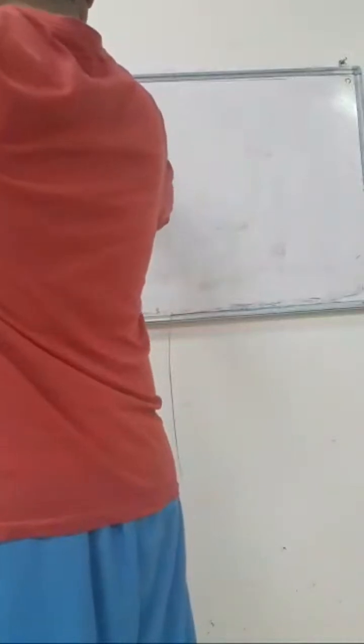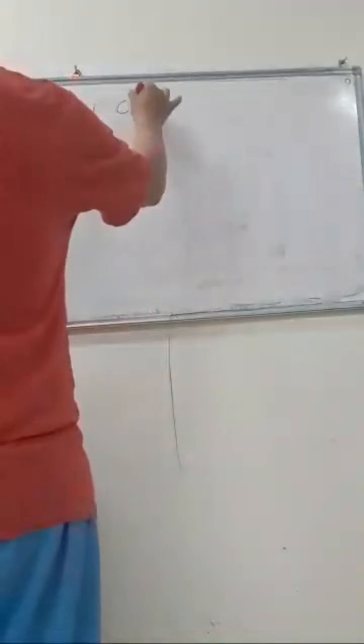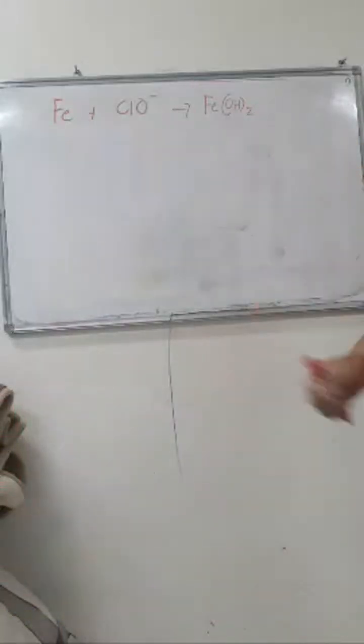The first example will be dealing with iron plus hypochlorite. I love hypochlorite. It is equal to iron 2 hydroxide, or ferrous hydroxide, plus chloride.